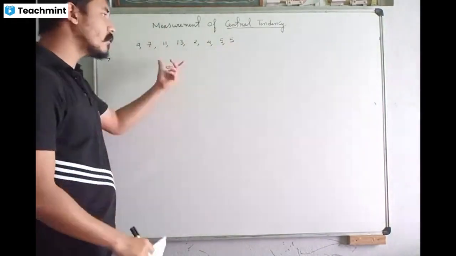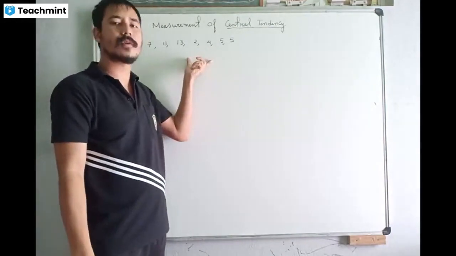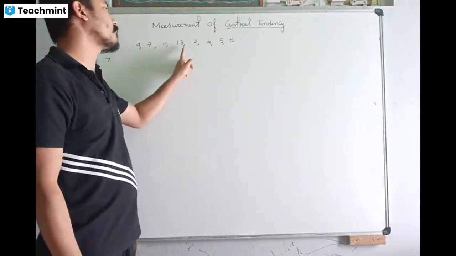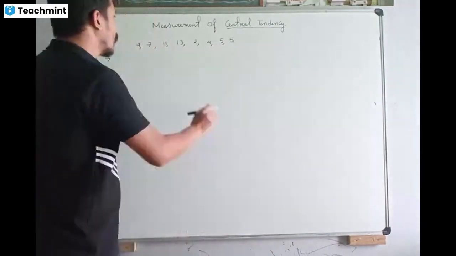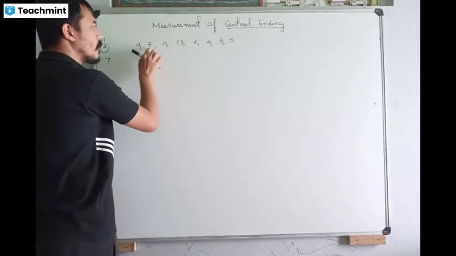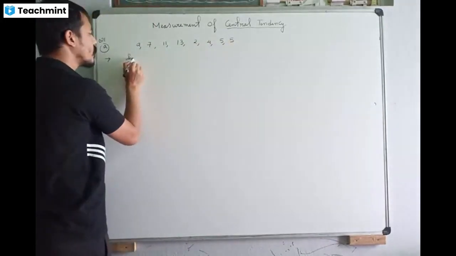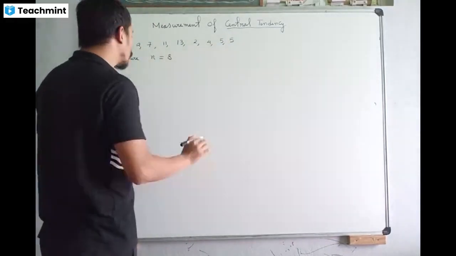Now, what kind of data is this? This kind of data is called ungrouped data, where all the items have been listed out one by one. Here in this series, we have 8 items, 1, 2, 3, 4, 5, 6, 7, 8. So here your n is 8 given items.